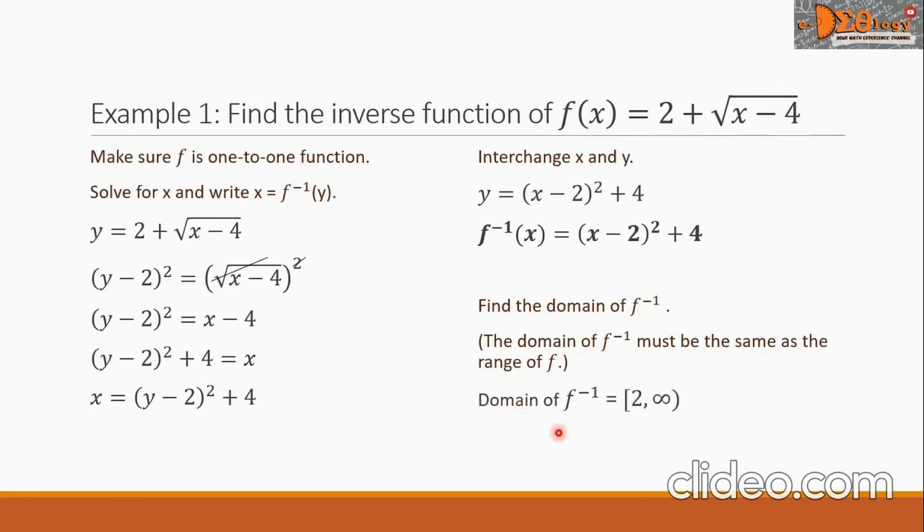So the domain of the f inverse is equal to 2 and positive infinity. Of course, we use the square bracket for the 2 and parentheses for the infinity. This is our final answer.